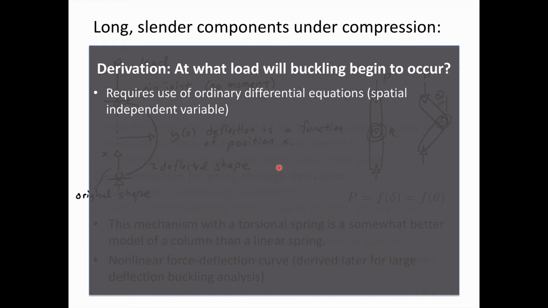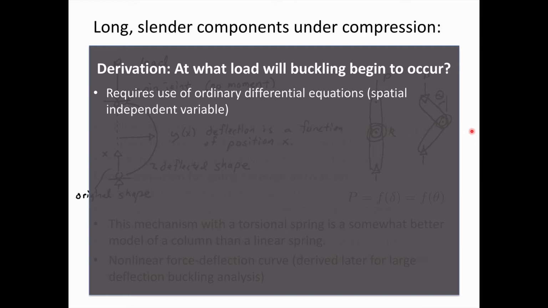Okay, so as we go through a derivation of this, we want to answer this question: at what load will buckling begin to occur? When are we going to reach this transition to elastic instability? And this derivation is going to require the use of ordinary differential equations where the independent variable in these differential equations is a spatial variable.